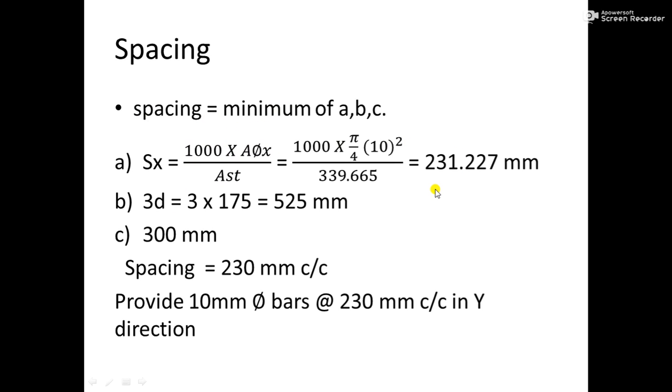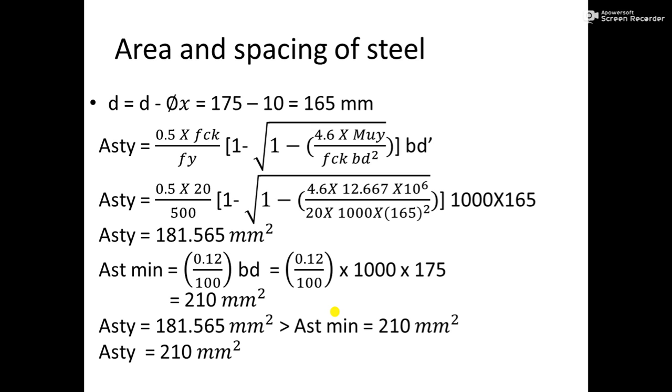It comes to be 231.22 mm, and it should be minimum of 3d or 300 mm, whichever is less. So providing 231.22 mm, say 230 mm center to center. So provide 10 mm diameter bars at 230 mm center to center in x direction.